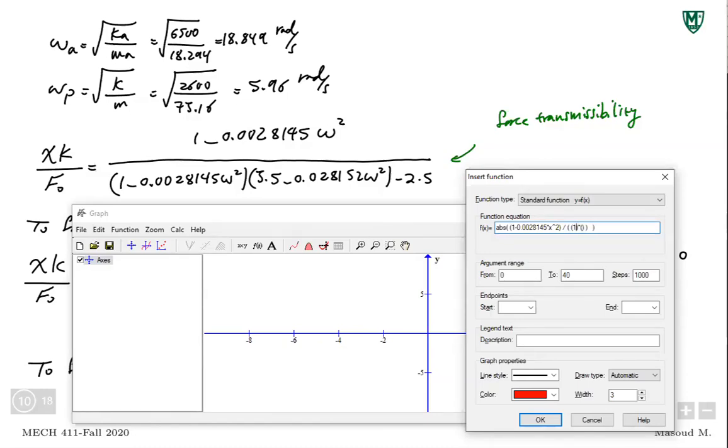The denominator would be two parentheses multiplied by each other. The first one would be 1 minus 0.0028145 times x squared times 3.5 minus 0.0028145 times x squared, and I believe minus 2.5. Let's see if I did it correctly.